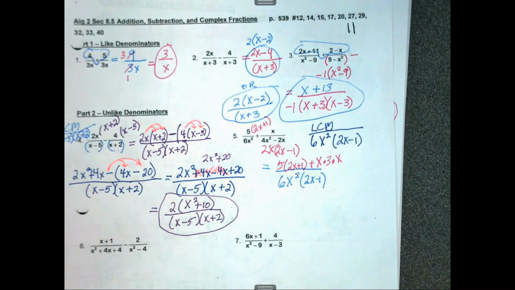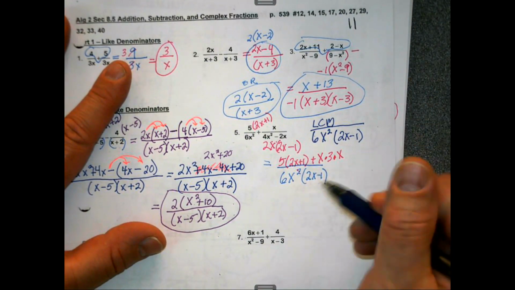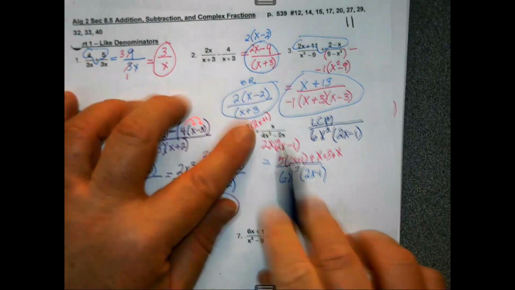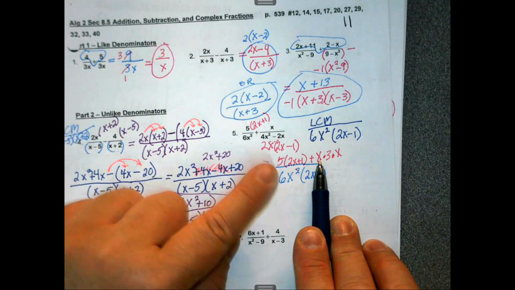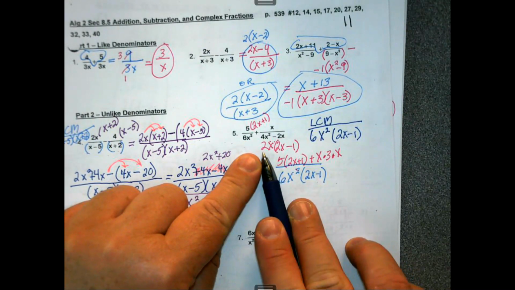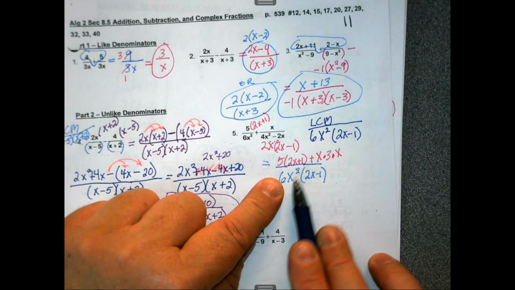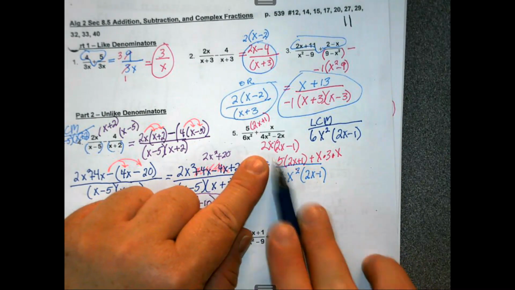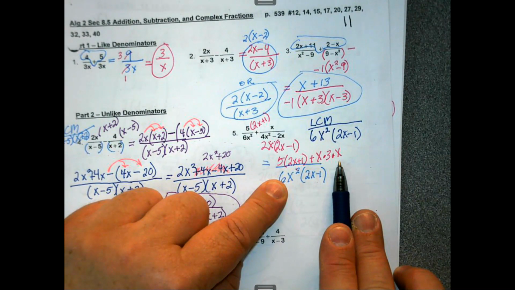Okay, look good? Are we there? Because I have an x there already. That's that x. And I need to make this 2 a 6, so there's my 3. But I have two x's here, and I only have one x there. So I need another x. Did I screw that up yesterday?